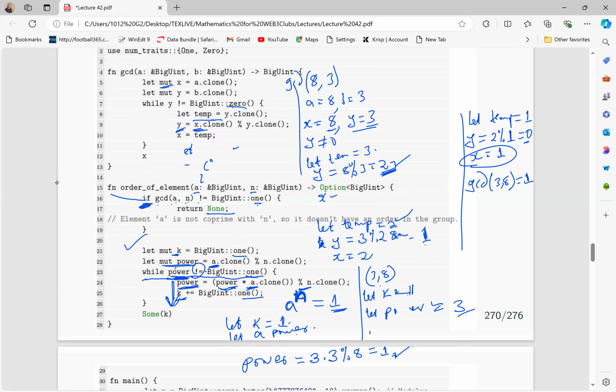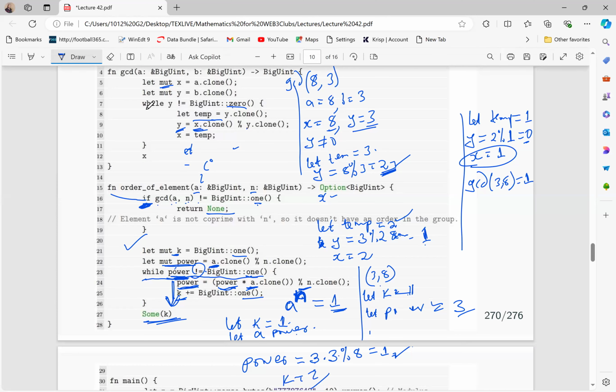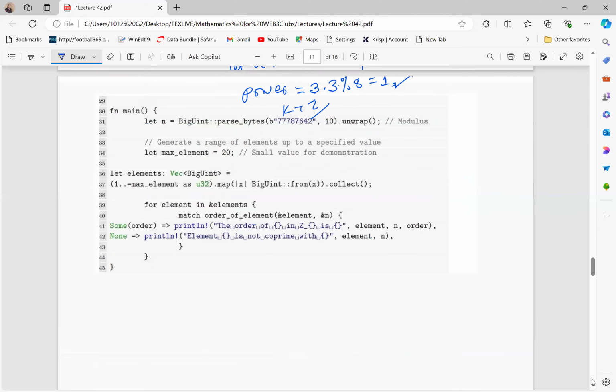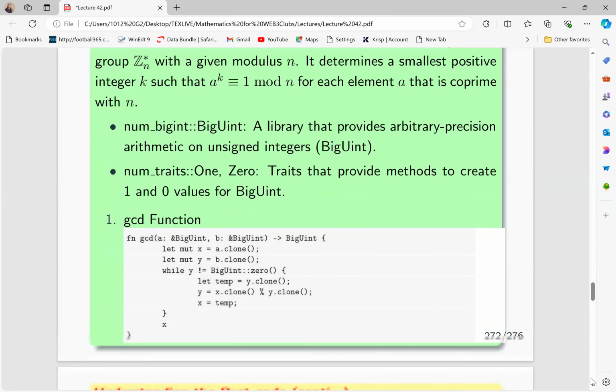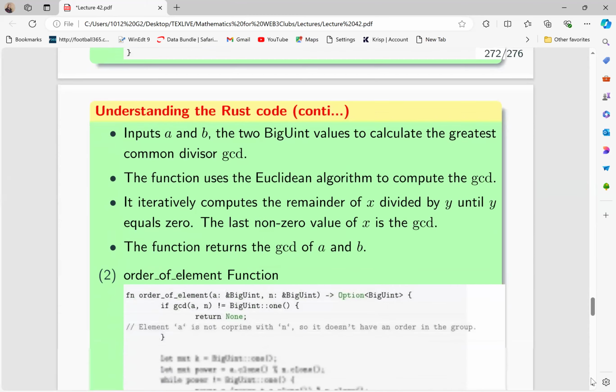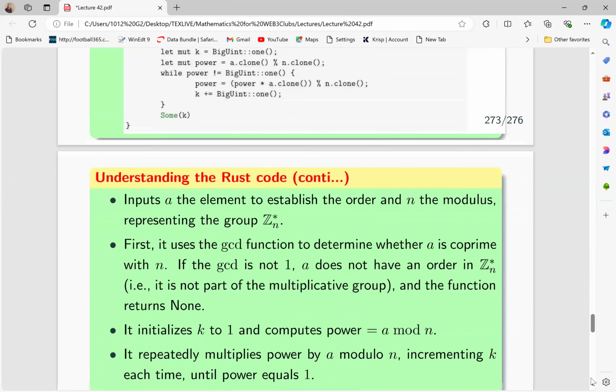The order becomes some K. Initially K was 1, then after multiplying, K becomes 2. I've put the explanation down here, so look at it later so that you understand it.